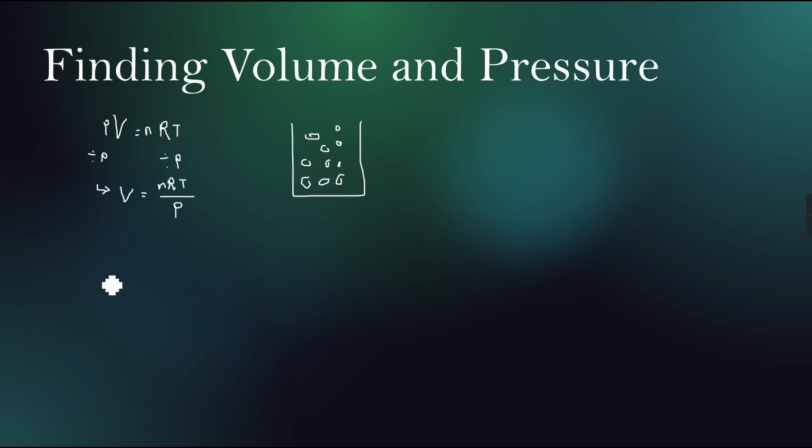Let's set up a temperature of 20 degrees Celsius and a pressure of 100,000 pascals, and work out the volume for 1 mole of gas. Using the ideal gas equation rearranged to find volume, volume equals n, which is 1 mole, times R, which is 8.31, times the temperature.